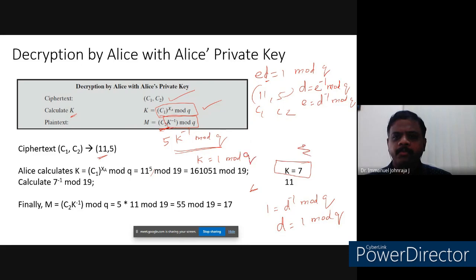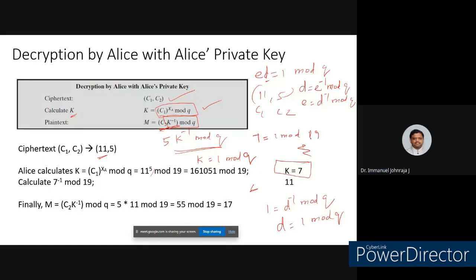So A times K is equal to 1 mod q. This is how we should calculate the value. All right, so how can we do that? What's the value of K? It is 7. So you should have 7 times something equal to 1 mod q. Q value is 19.